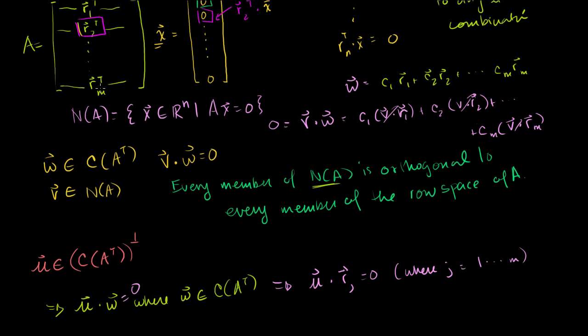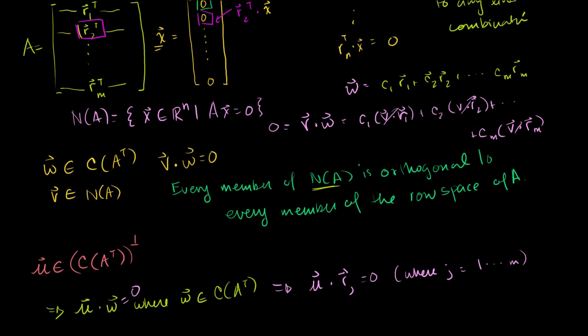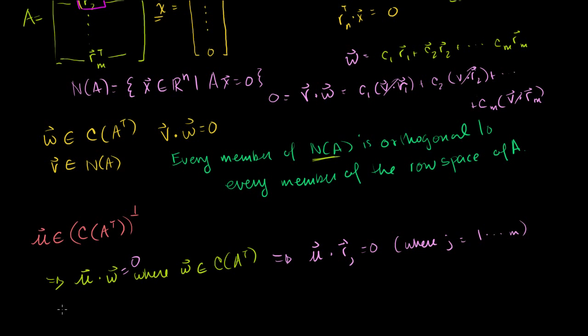So if u dot any of these guys is equal to 0, that means that u dot r1 is 0. Let me write this down. u dot r1 is equal to 0, u dot r2 is equal to 0, all the way to u dot rm is equal to 0.